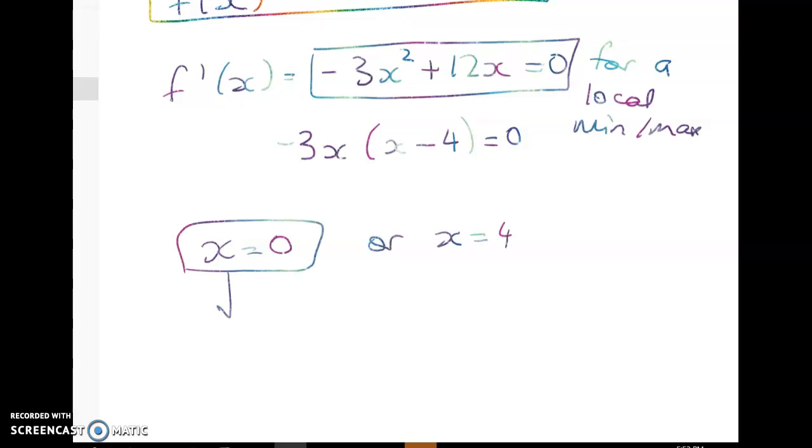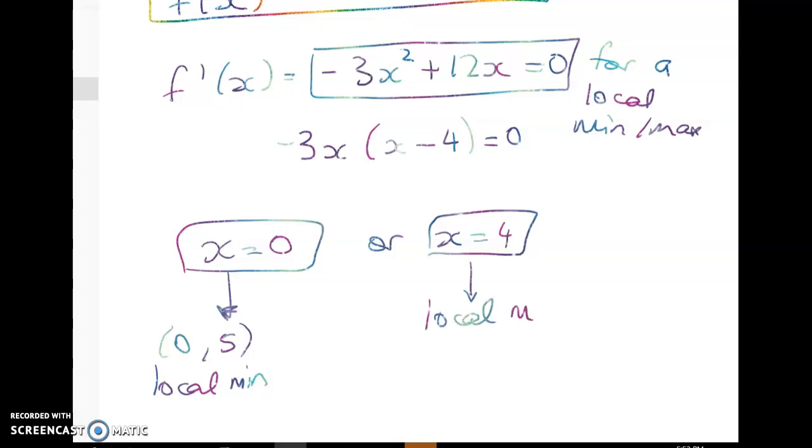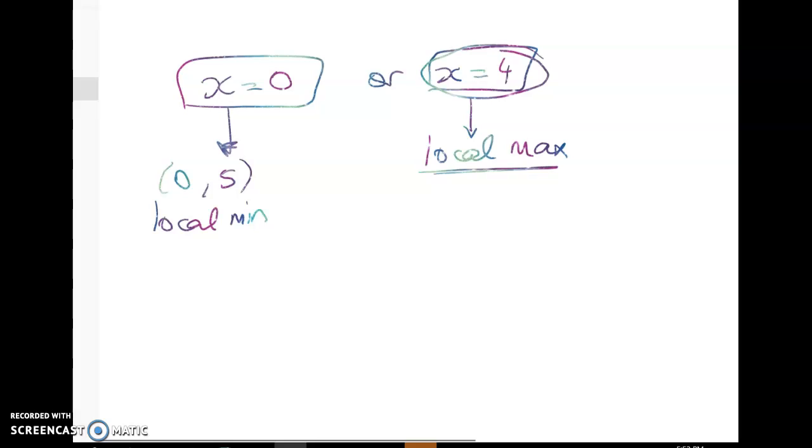We've already been told that x equals 0 is the local min, so we know that's on the curve. What we're going to do now is say that x equals 4 is going to give us our local max. How can we justify that? There are several ways, and we're going to come back to that. The first thing we're going to do is find the value of the function at x equals 4.